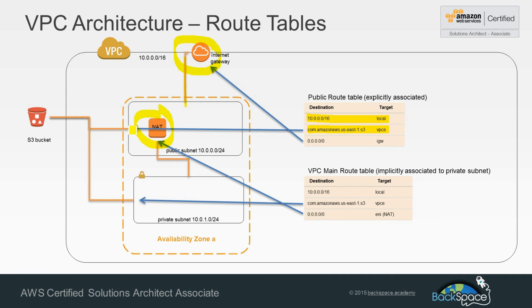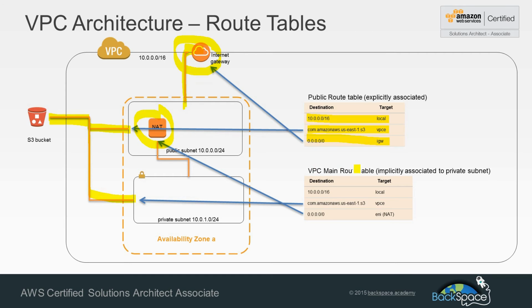That allows us to connect directly from our public and our private subnets through to an S3 bucket without having to go through the internet gateway and then back out and in again from our S3 bucket. That's really what we're looking at there. And with our public subnet, to connect to the wider internet, we have a route through to the internet gateway, and that's what we've got going on there.